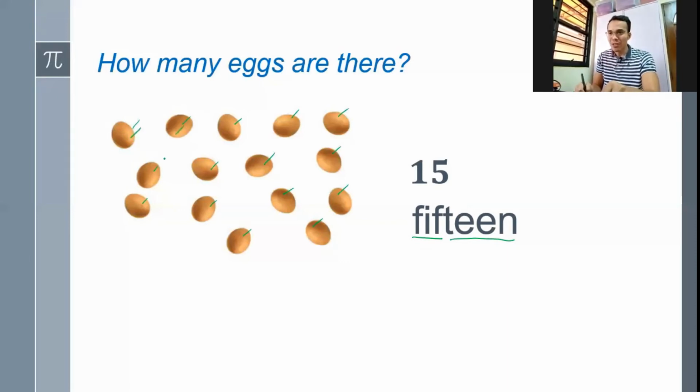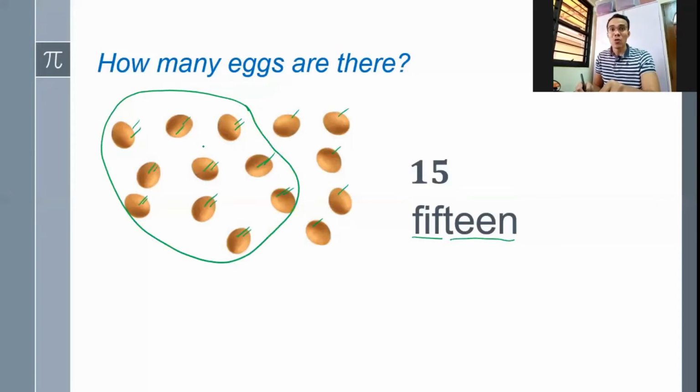1, 2, 3, 4, 5, 6, 7, 8, 9, 10. We are going to draw a big circle around 10 eggs. These are the 10 eggs. So we are already sure that there are 10 eggs in this big circle, so no need to count them again.